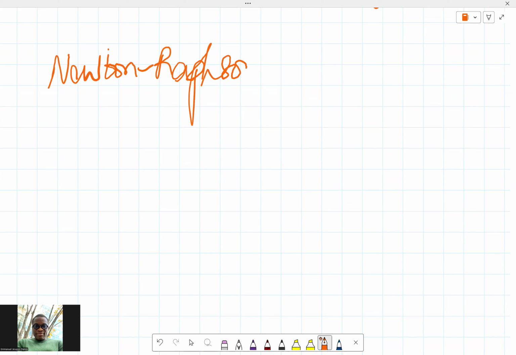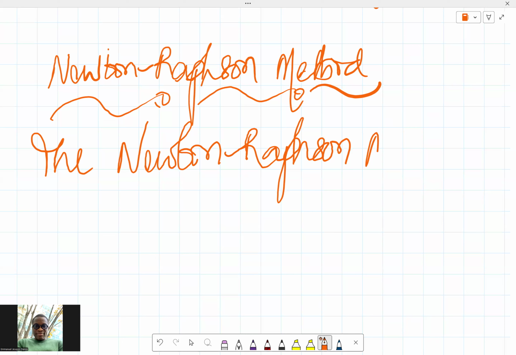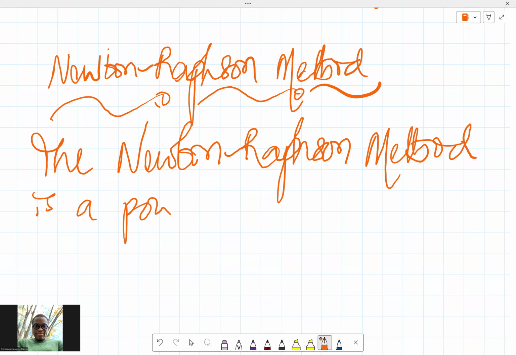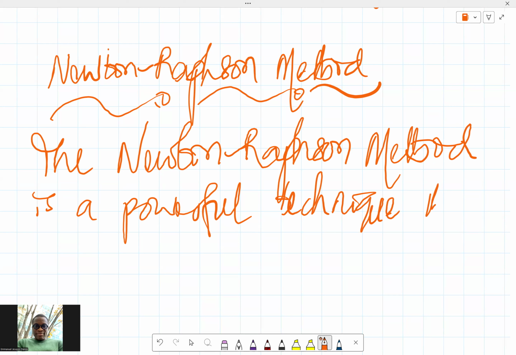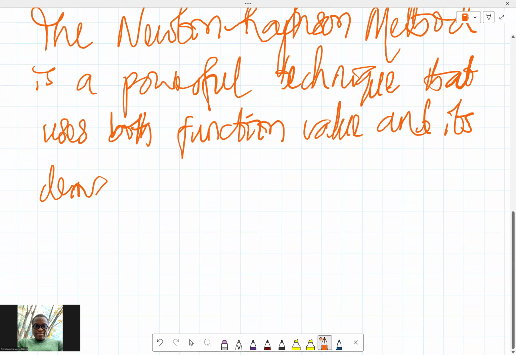The Newton-Raphson method is a powerful technique that uses both the function value and its derivative.